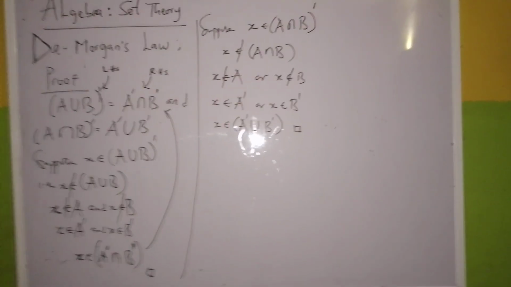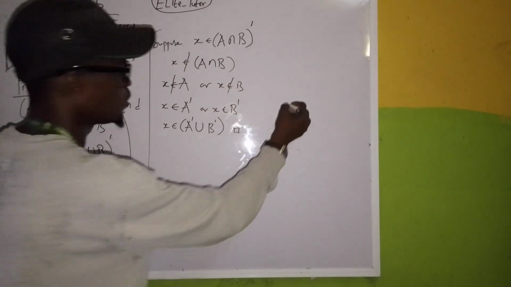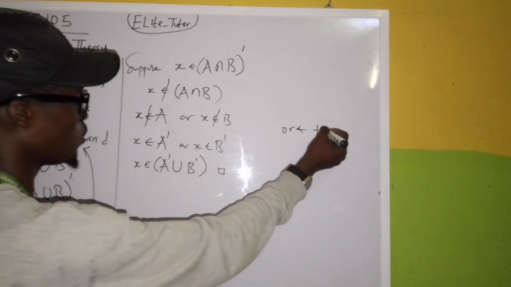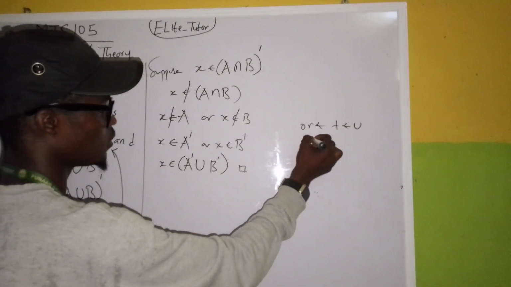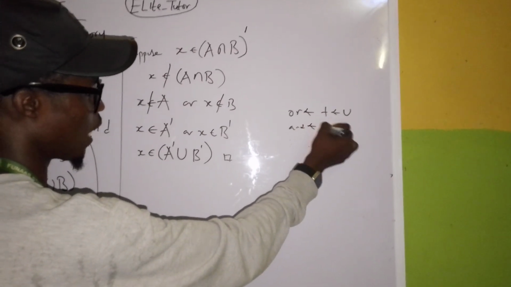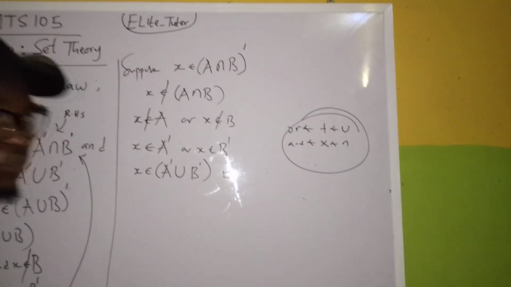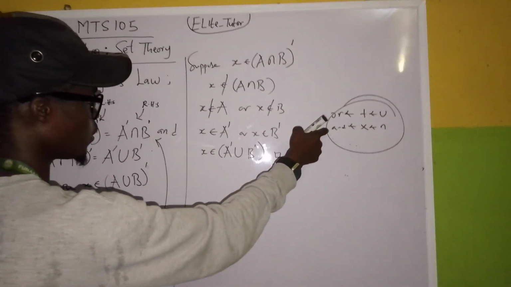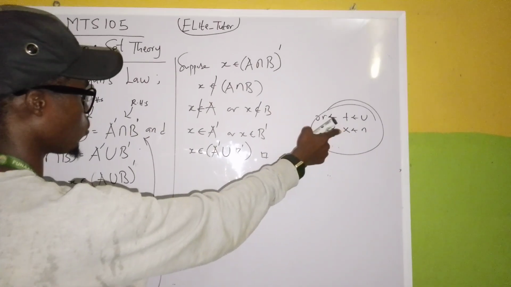Don't forget, in probability the shortcut is that or represents plus, which you can also call your union, and and represents times, which you can also call your intersection. It is derived from that: your or represents addition and your and represents your cross product.